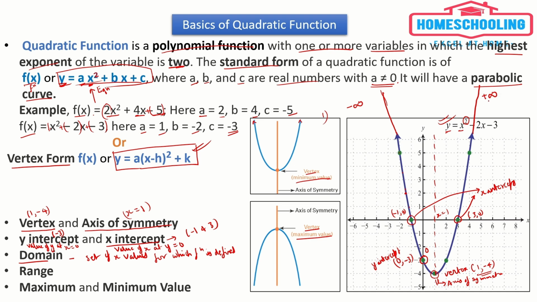Hence the domain for this graph would be from negative infinity to positive infinity, or we can also write it as x has all real numbers.